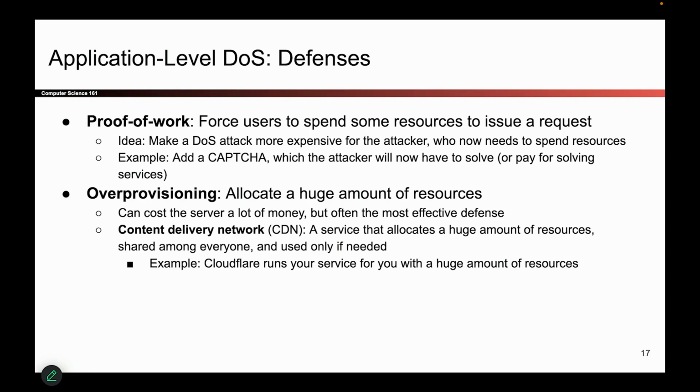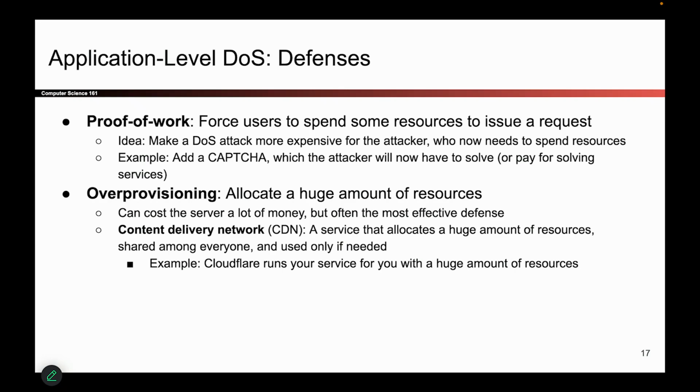And there's always the most obvious defense, which is just to go buy more resources. So if resources are limited, then go get more, and maybe that will help you defend against some denial of service attacks. Now, security is economics, so you can't just do this for free.